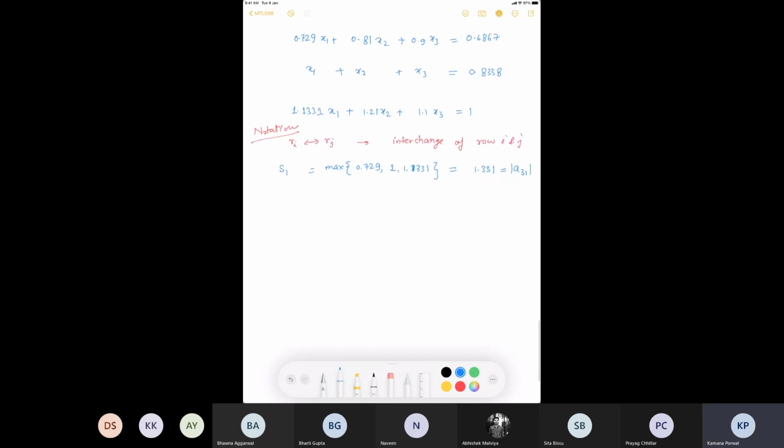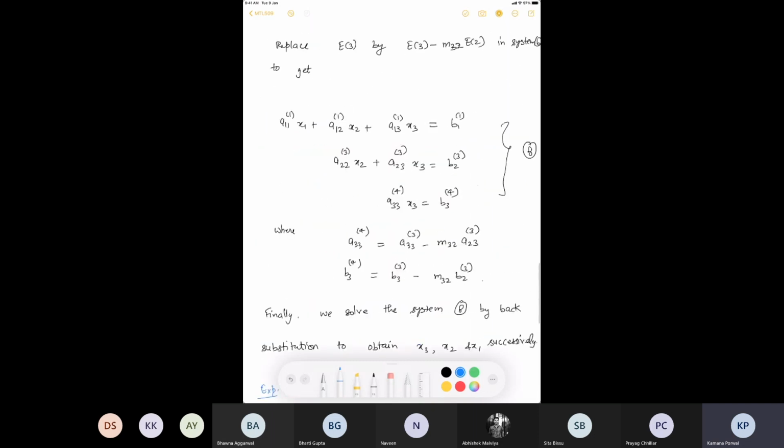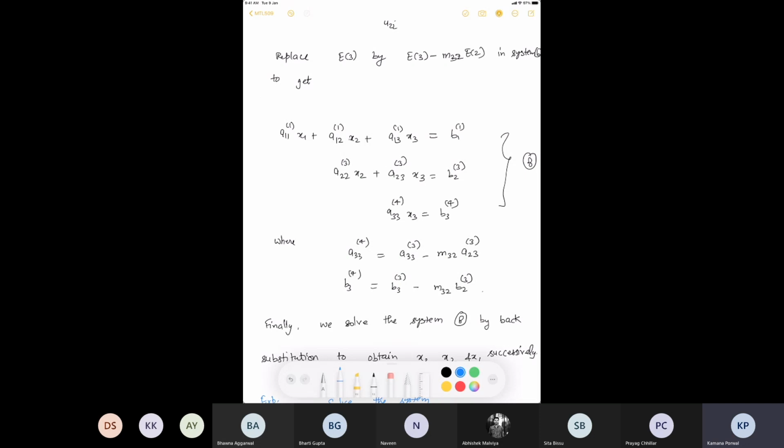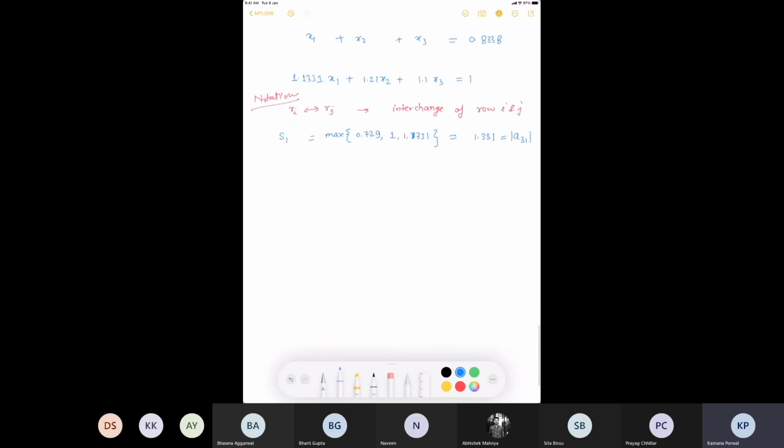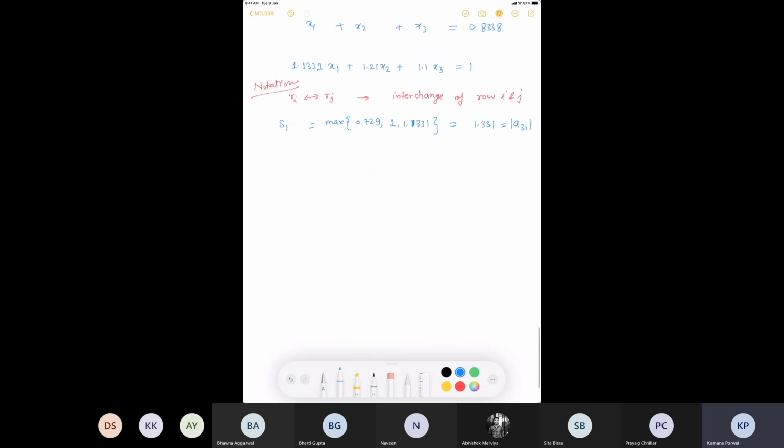I'm going to work with the augmented matrix instead, because from the final matrix we can write down the equations. The position of x1, x2, x3 is not changing, because I'm not working on the columns, I'm applying the operations on the rows. So let's take the augmented matrix.